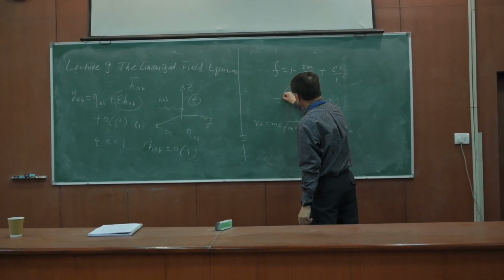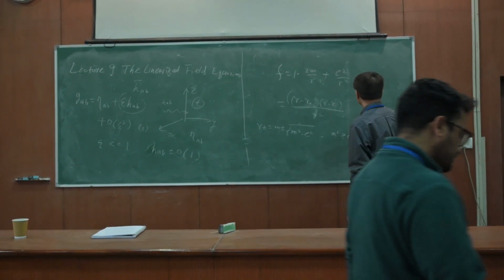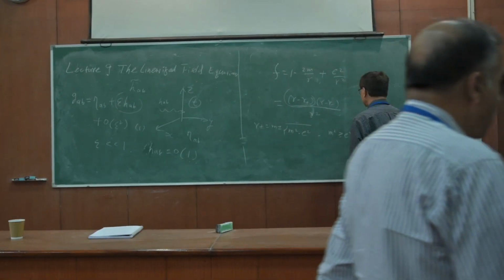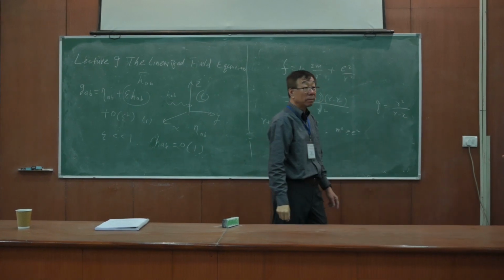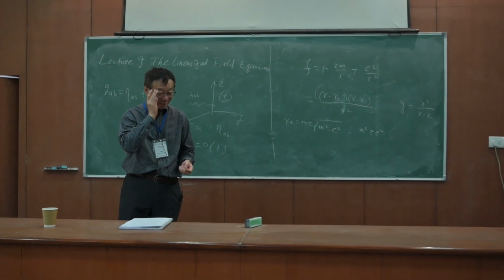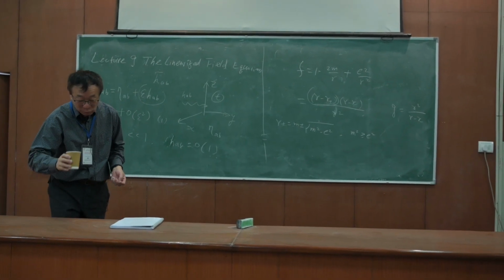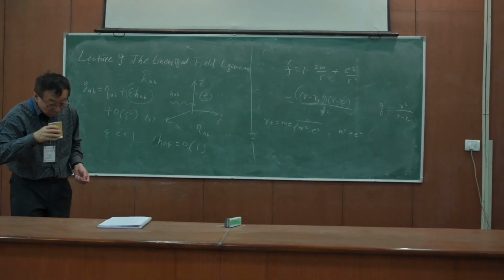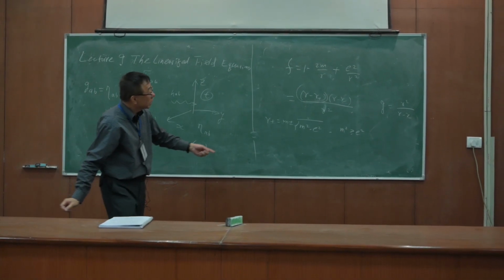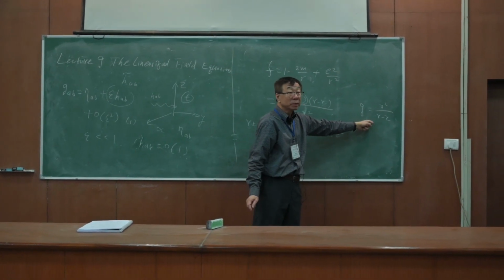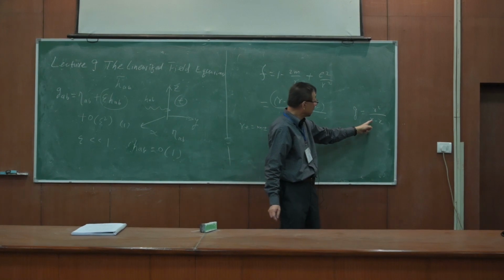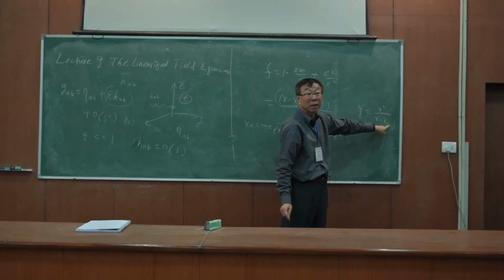If I consider this one, this will be my g equal r minus. So in this case, if you consider this one, this is my g. If I consider this one, this will be r minus, r plus, right?